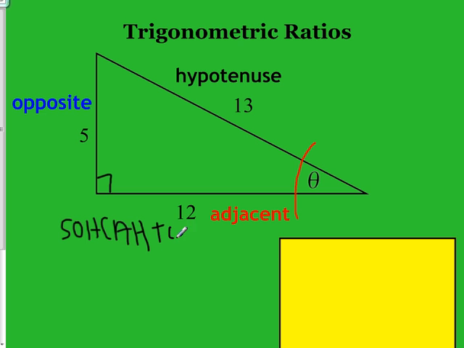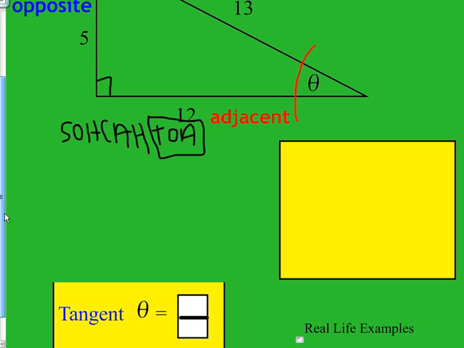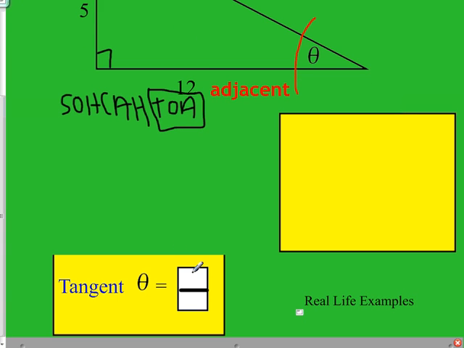We're going to be focusing on the last part, the TOA part, which tells us our ratio: opposite over adjacent. The opposite in this particular triangle is 5, and the adjacent is 12. So my ratio for the tangent of my beta angle is 5 over 12.